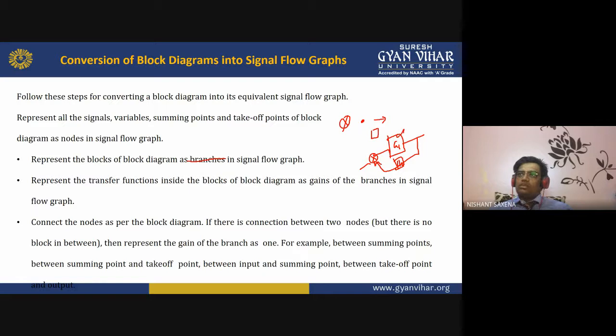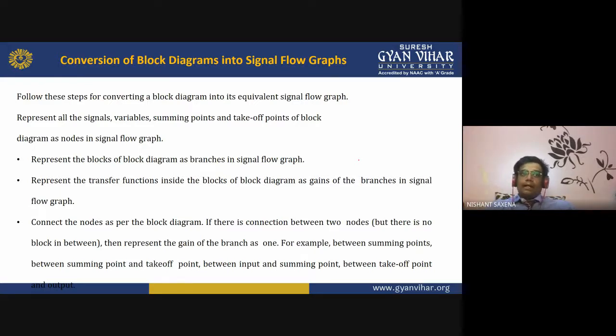These two blocks, G1 and H2, have to be represented by the branches of the signal flow graph. Now we have to represent the transfer functions inside the blocks of the block diagram as gains of the branches in the signal flow graph.